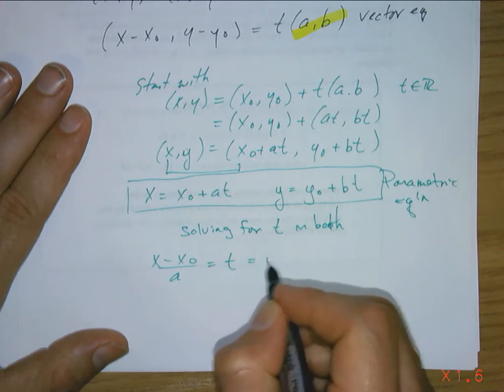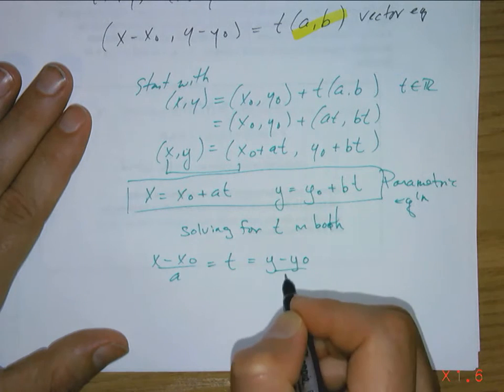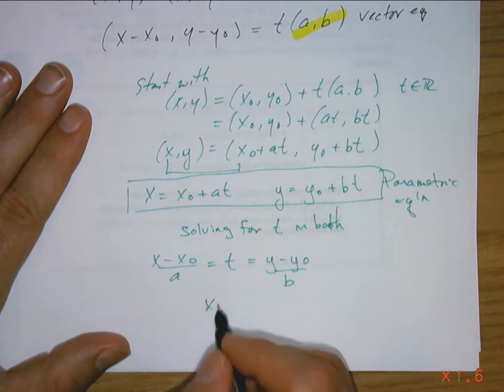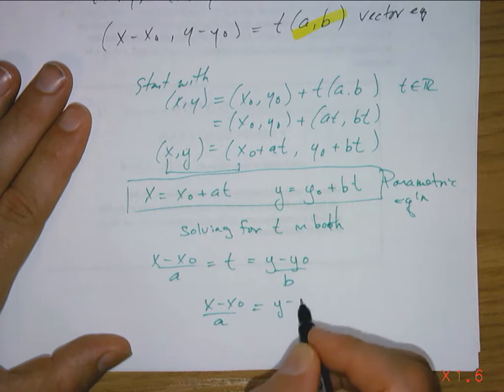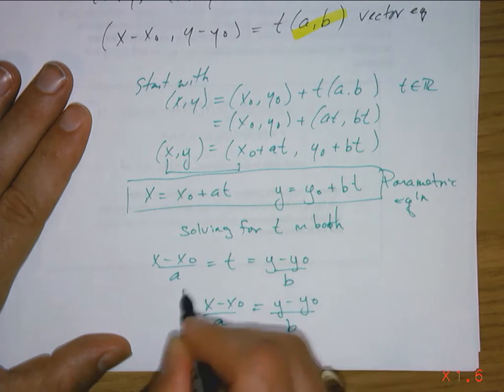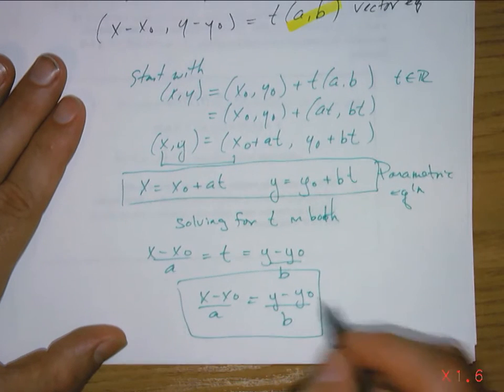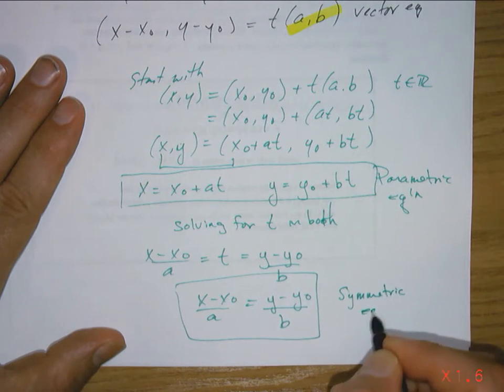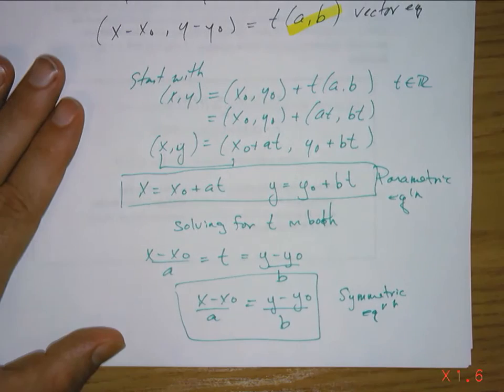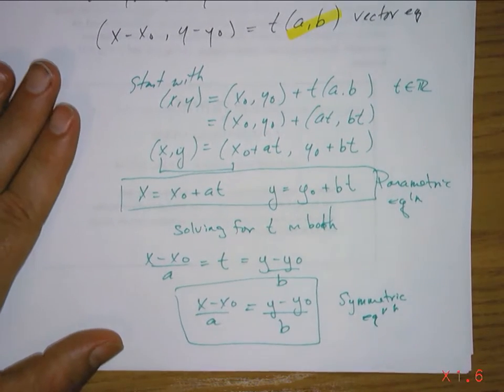You're going to get y minus y naught over b equals t. And these are called, since t must equal each other for any given point on the line, you get what's called your symmetric equations. Look, Ma, no memorizing. Worked it out. You should do the same.